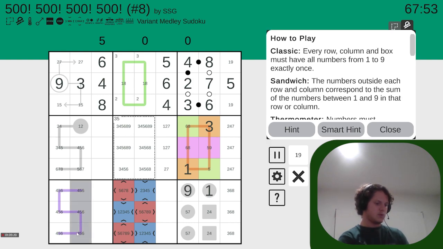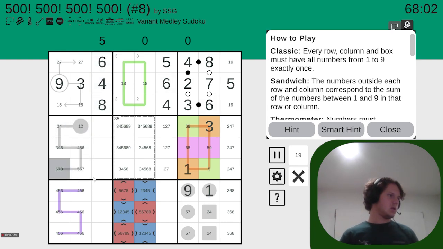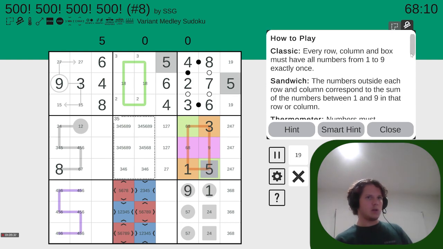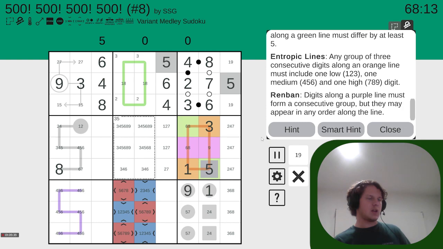Actually, there has to be a 6 down here still. Okay, this tells us that there has to be an 8 on this, because there has to be the 8, which tells us over here that this is the 5. Which means our green, because this is our entropic line, is our medium digits, which is 4, 5, 6.